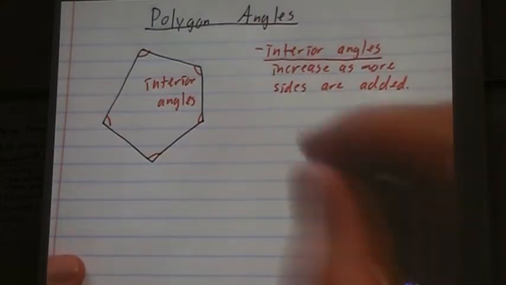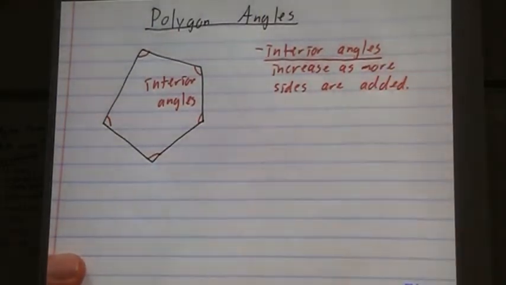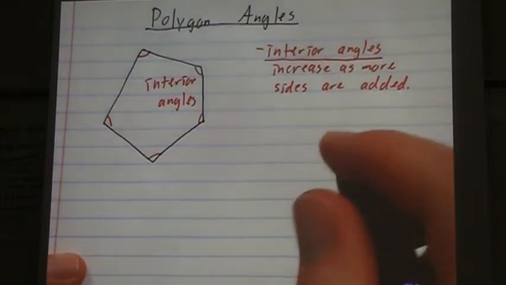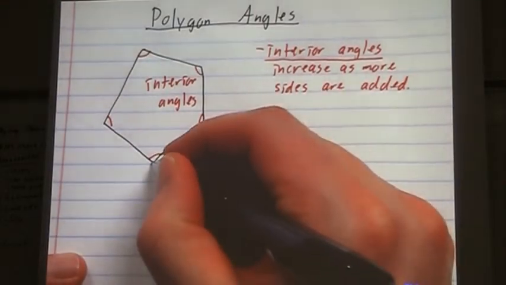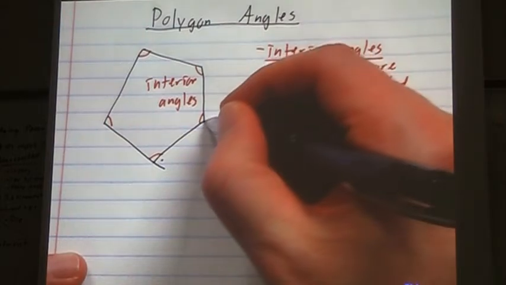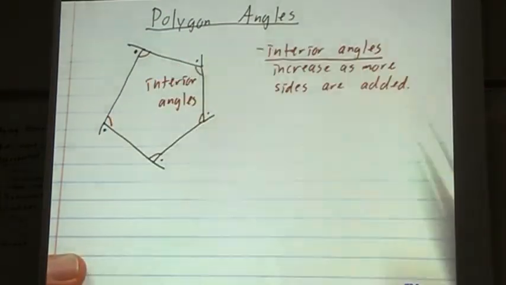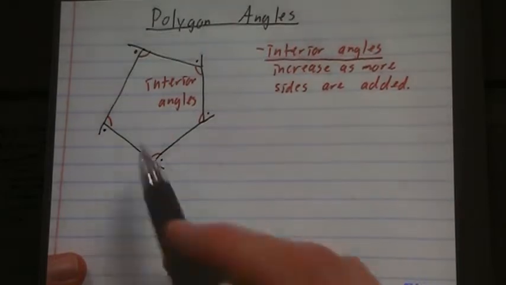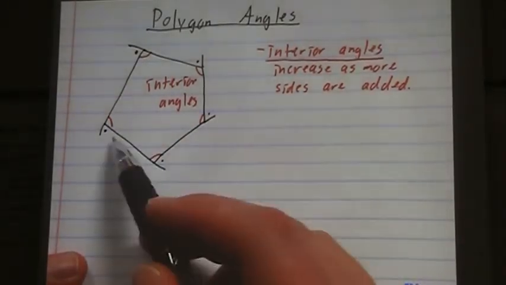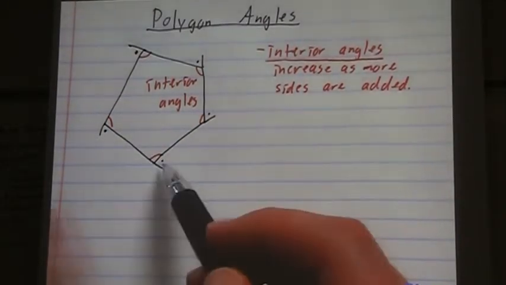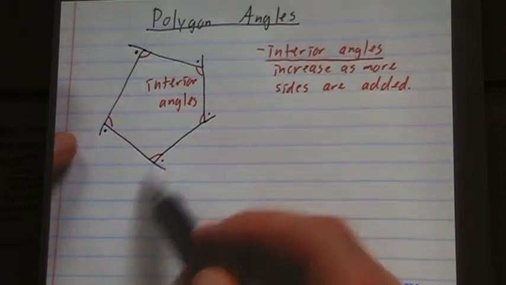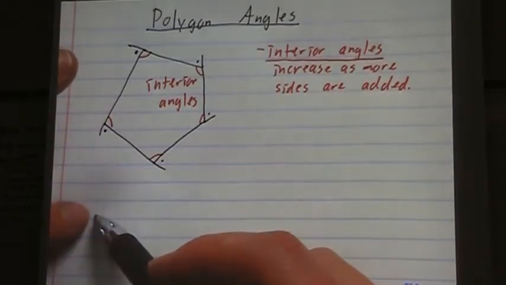And your exterior angles, these are a little different. Exterior angles grow smaller, and these are your exterior angles. Your exterior angles have to be drawn such that if they were to extend, they wouldn't cross. So for example, if this line was to extend and this line was to extend, they wouldn't cross. But if I made my exterior angle the other way, then my lines would cross over here.